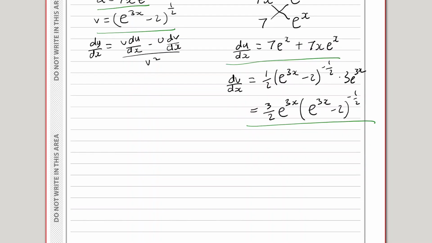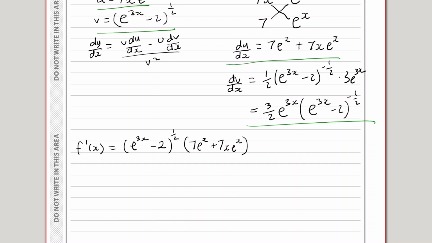So our gradient function, f dash of x, is equal to v du/dx. So v, (e^(3x) minus 2) to the power of a half, times du/dx, which is 7e^x plus 7x e^x.